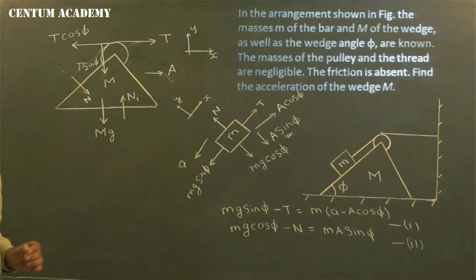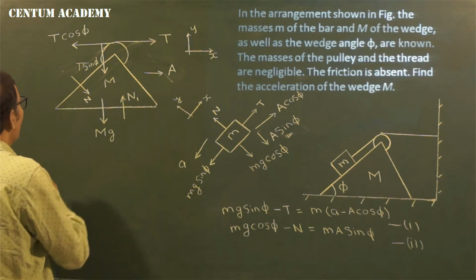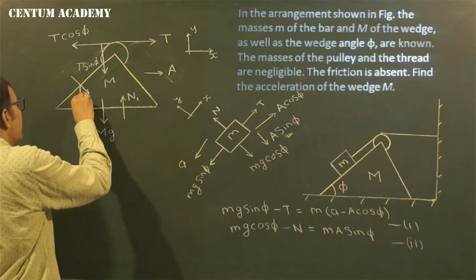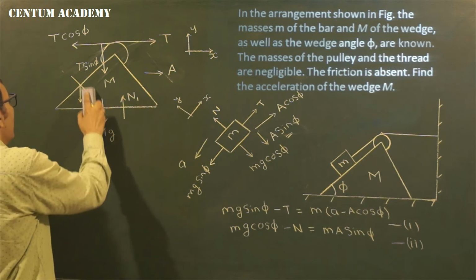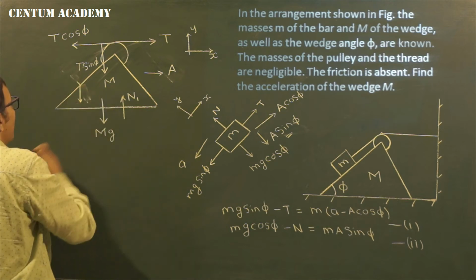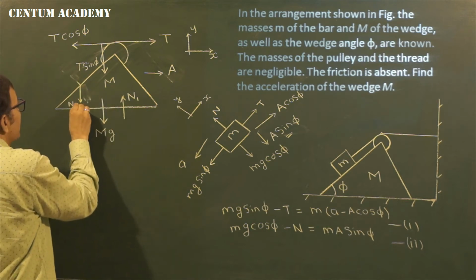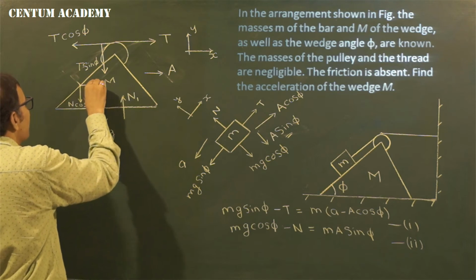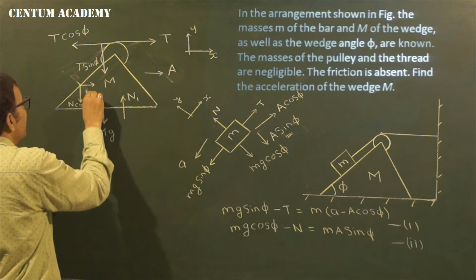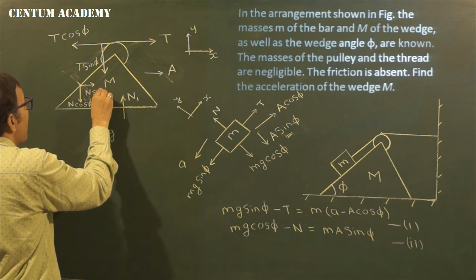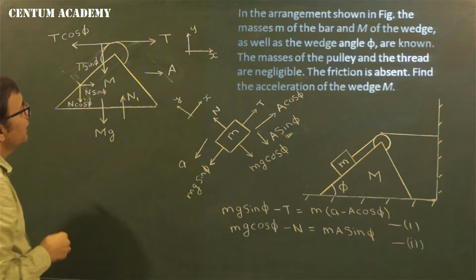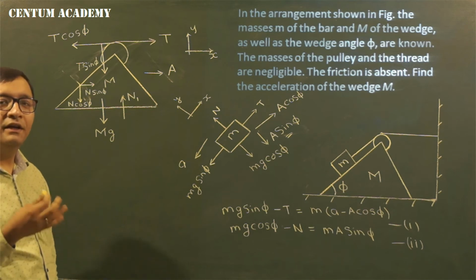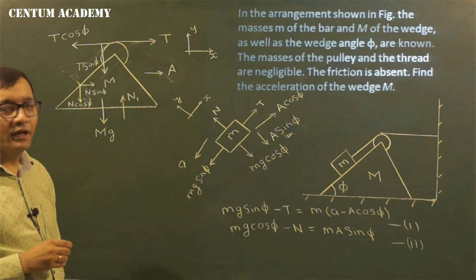Similarly, the normal reaction can be resolved in two directions. One is vertically down, N cos phi. We call this N cos phi, and like this it will be N sin phi, right?